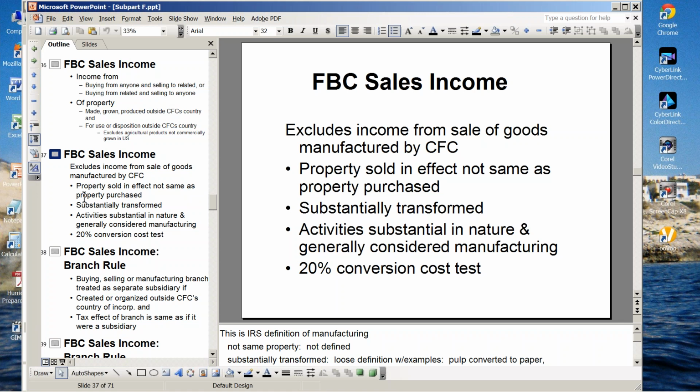And they won. Of course, that instantly shot down any arguments that contract manufacturing doesn't work in Subpart F. So, foreign-based company sales income does not include manufacturing income, even if you have contract manufacturing by somebody else, as long as you do it right.